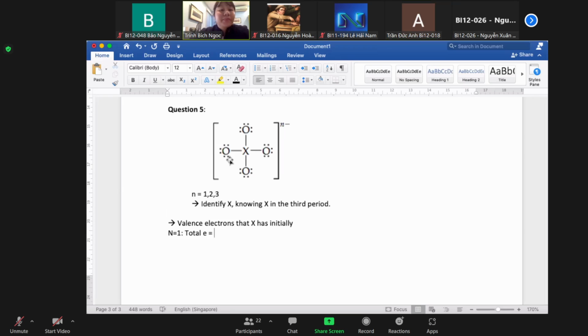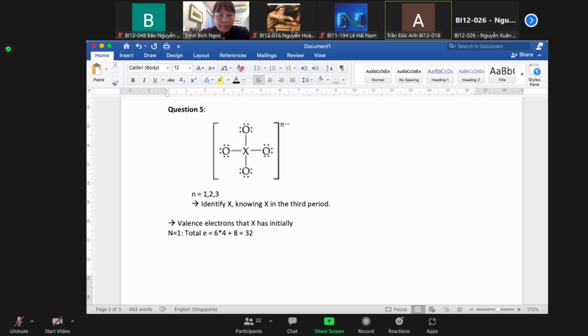How many electrons can you see here? 1, 2, 3, 4, 5, 6 for oxygen, plus 6, multiplied by 4, and plus 1. And then for the bonding, how many? For the bonding, 1, 2, 3, 4, 5, 6, 7, 8. You have 8 electrons. Okay. And in total, you have how many? 32 electrons.